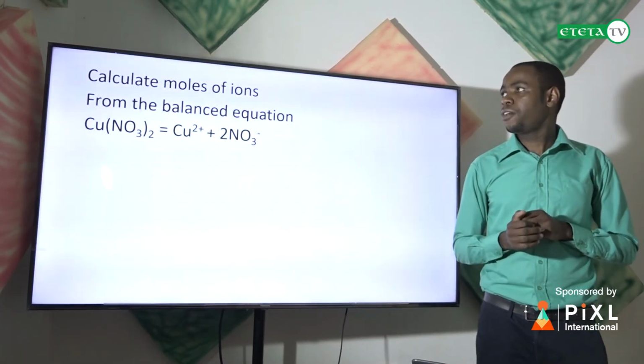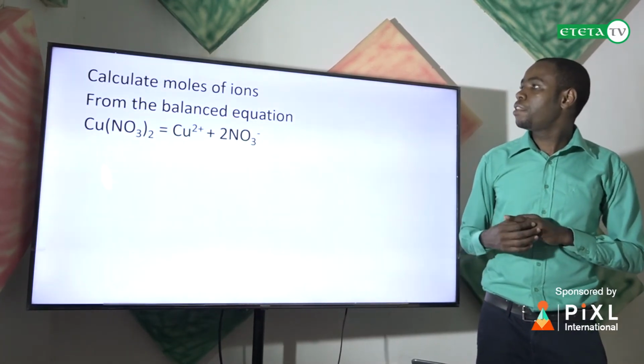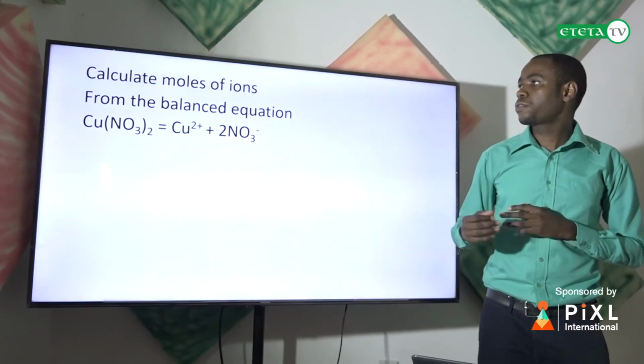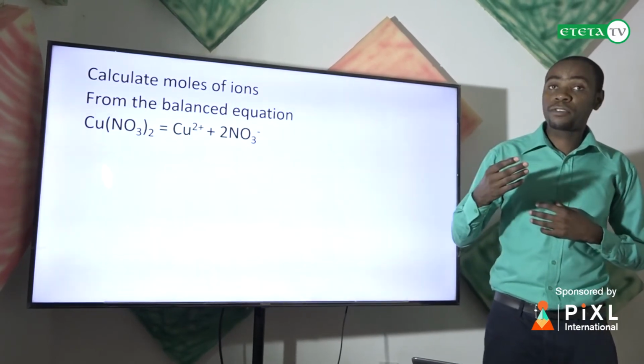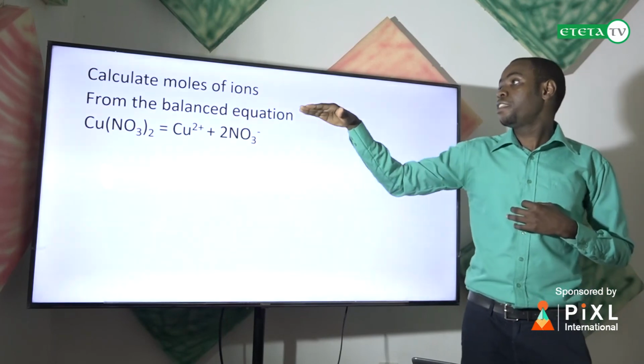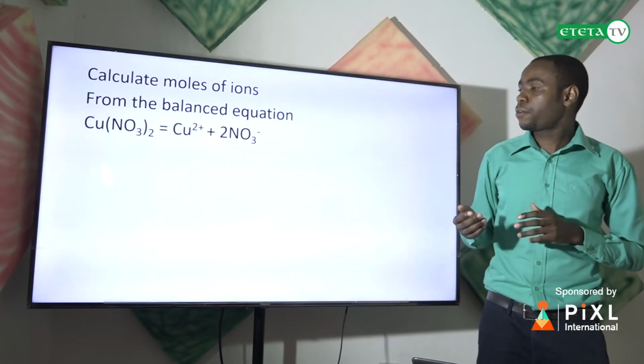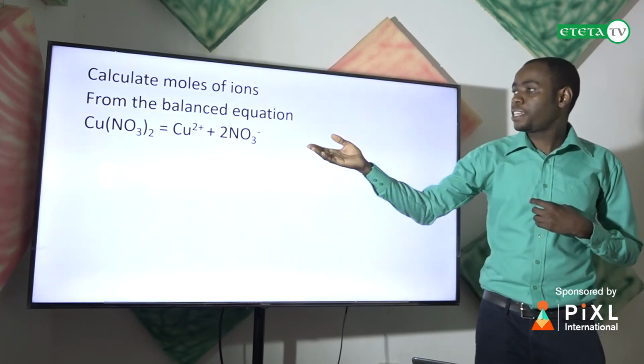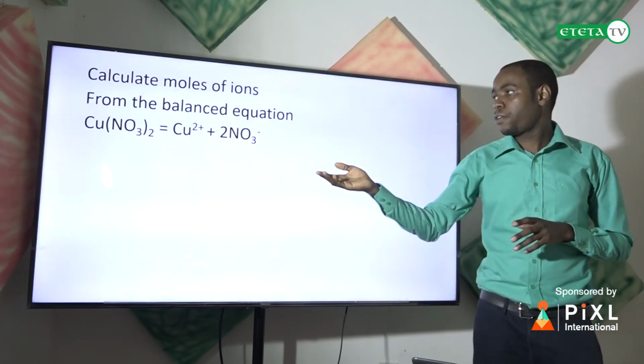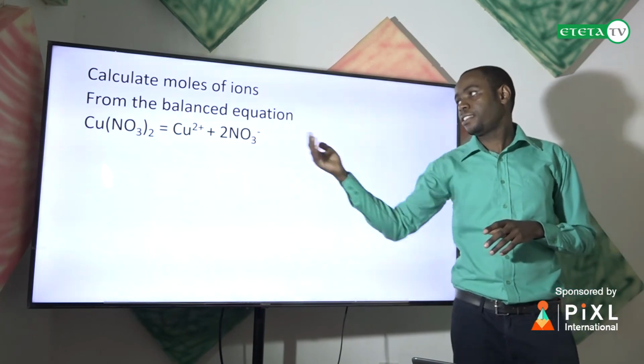Now, calculate the moles of ions first. To calculate the number of ions, you have to calculate first the number of moles of ions. Now, from the balanced chemical equation, copper nitrate gives the copper ion and the nitrate ion.